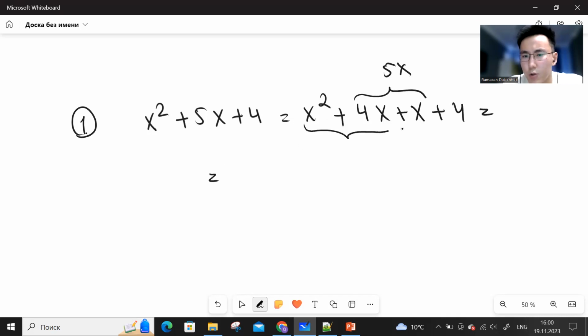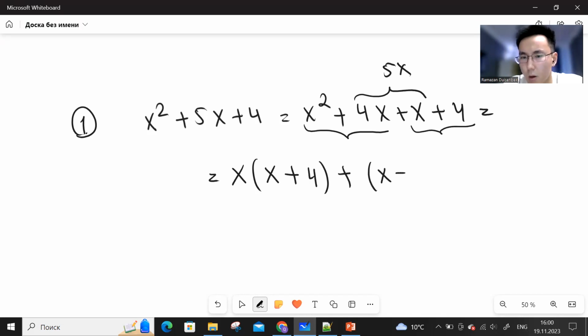I'm going to take the first two into the first group and the last two into the second group. What is a common element? In here, it is just x. I take this common element out of the brackets. Inside the brackets, I will be left with x plus 4. In the second group, x and 4, there is no common element, so I just take them into one bracket.